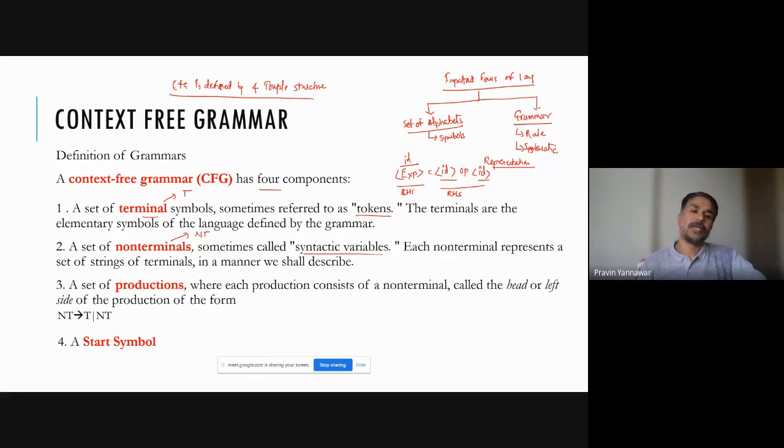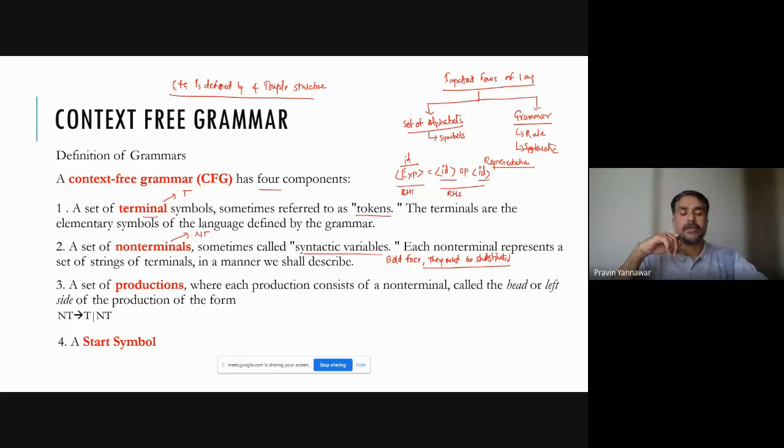Usually non-terminals are represented in bold-face letters. They must be substituted. This is important. They must be substituted. So you can substitute these non-terminals here.